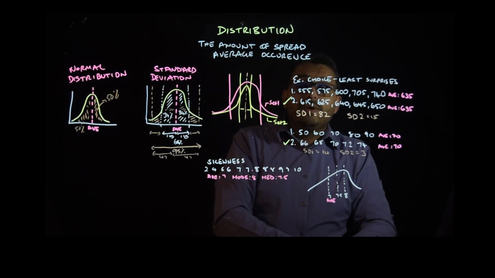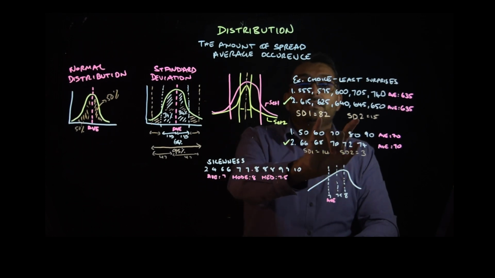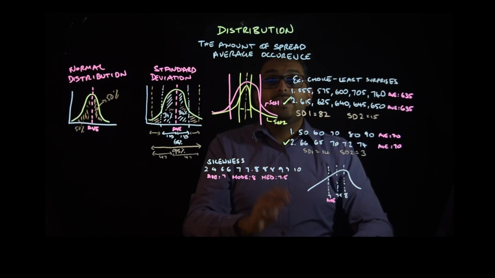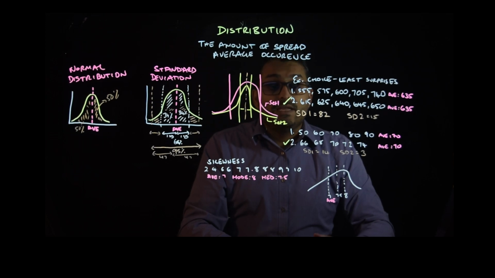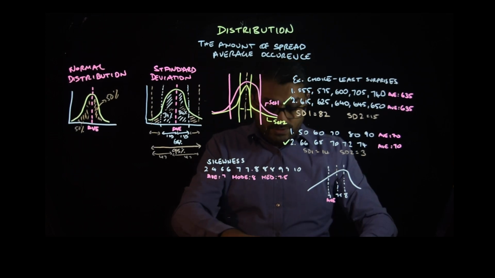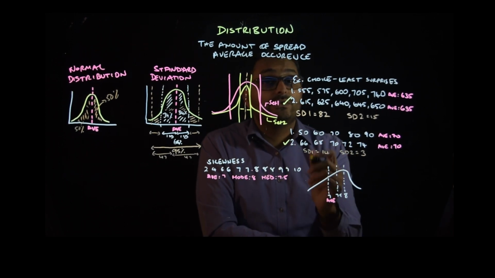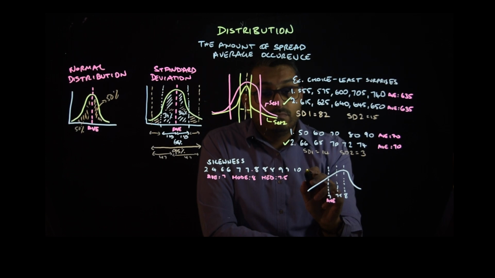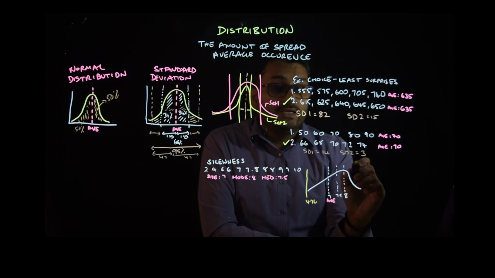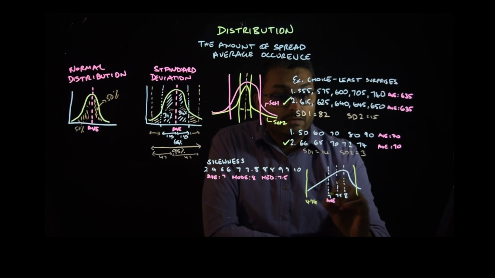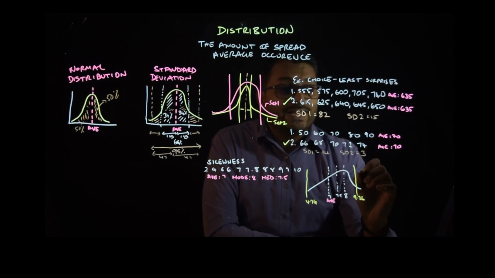Now, if we calculate the standard deviation as I've done in these two cases, then that deviation will be 4.74. If you can plug in the numbers and do the maths in your own time, it will be 4.74, and on the other side of the average, 9.26, because the standard deviation is 2.26.